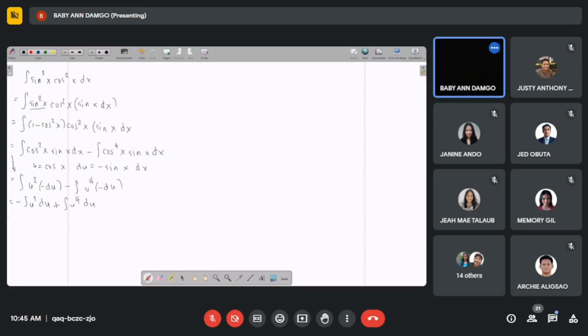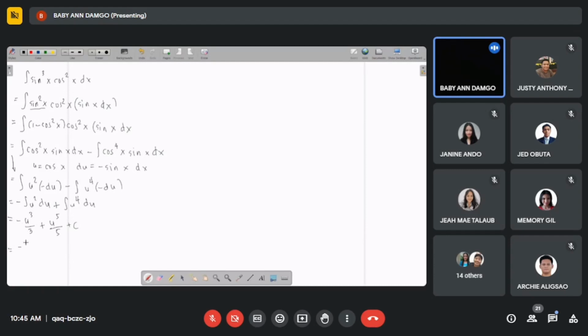Now we apply the power rule for integration. So we have negative u cubed over 3 plus u to the fifth over 5 plus c. Now we substitute the value of u, which is equal to cosine x.